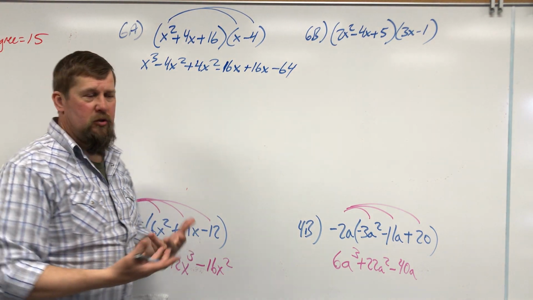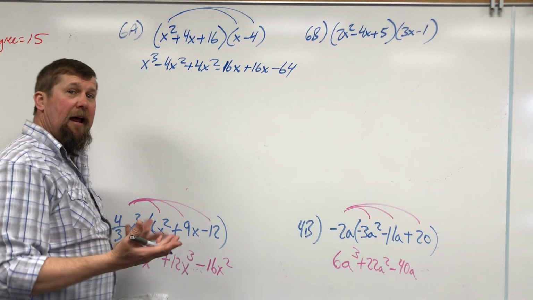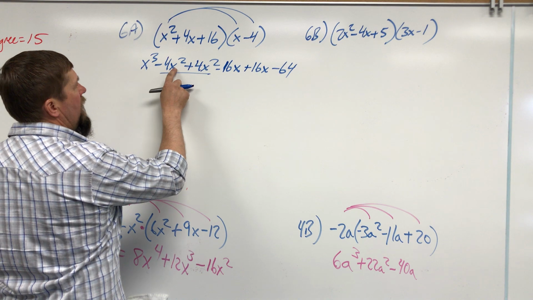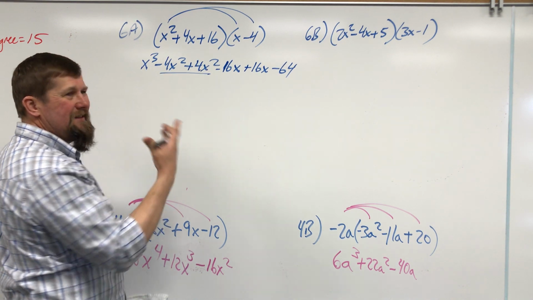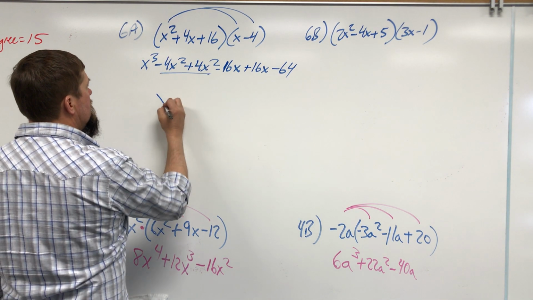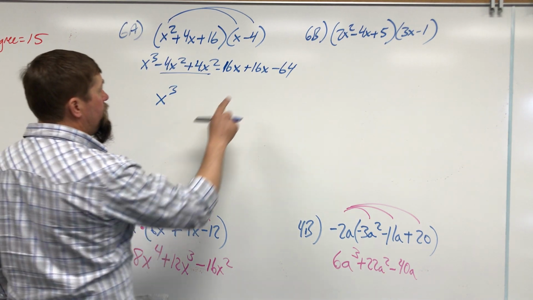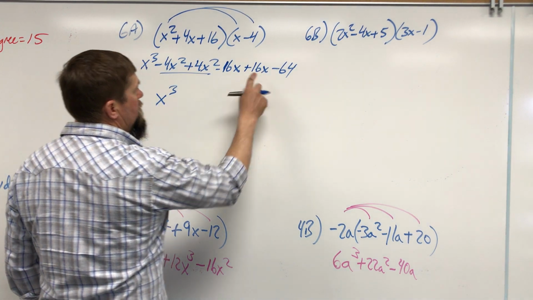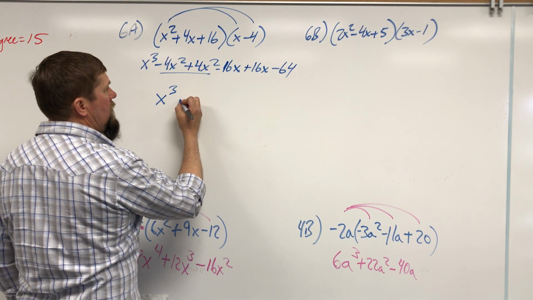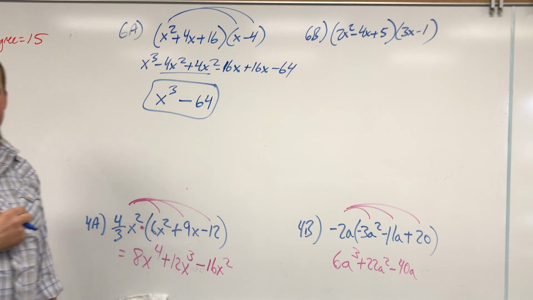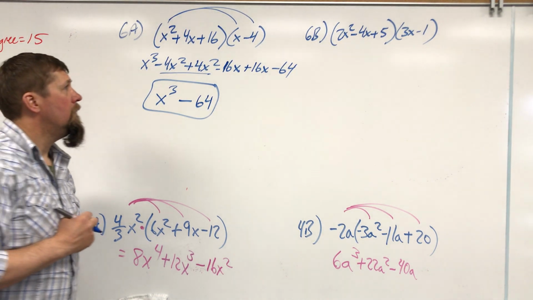Now I'm going to be able to simplify if I can add like terms. Negative 4x squared plus 4x squared is 0x squared. So basically, I end up with no x squared term. Negative 16x plus 16x is again 0. So I'm ending up with x cubed minus 64 when I'm done.